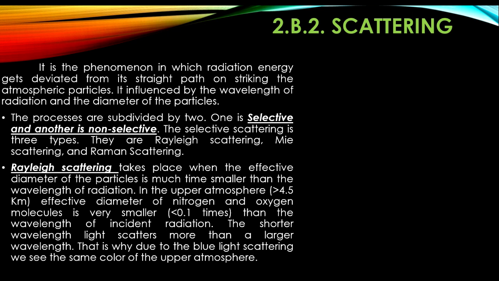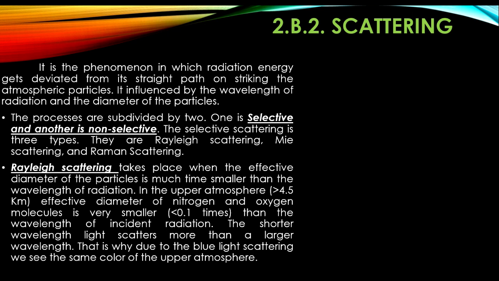Rayleigh scattering takes place where the effective diameter of the particle is many times smaller than the wavelength of radiation. In the upper atmosphere, at greater than 4.5 kilometer height, the effective diameter of nitrogen and oxygen molecules is very small, that is less than 0.1 times the wavelength of incident radiation.